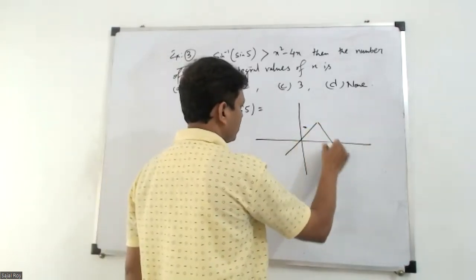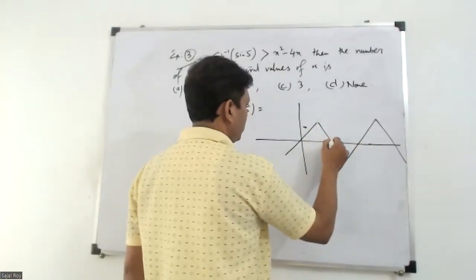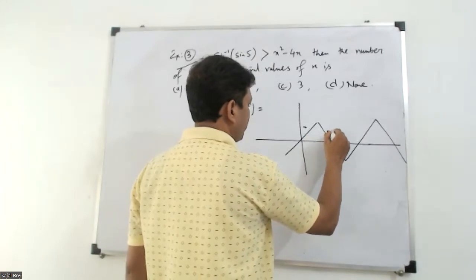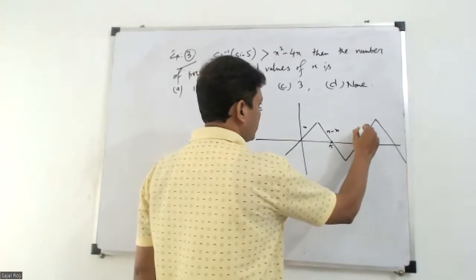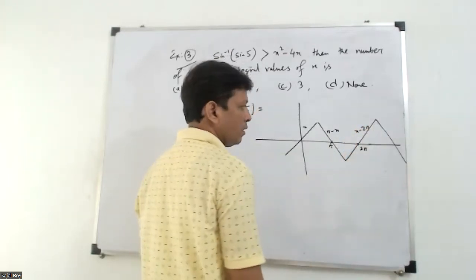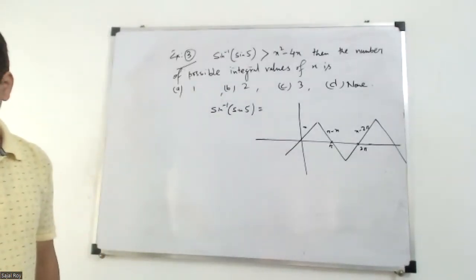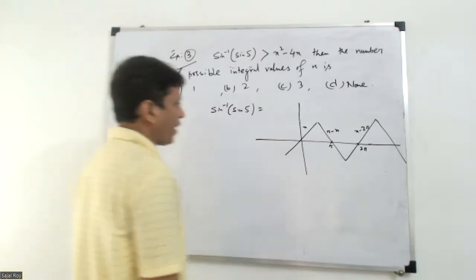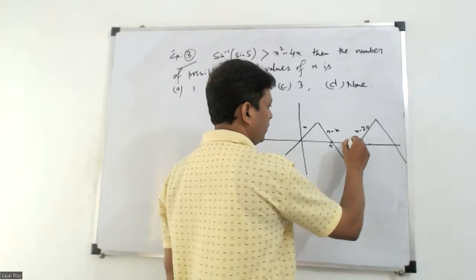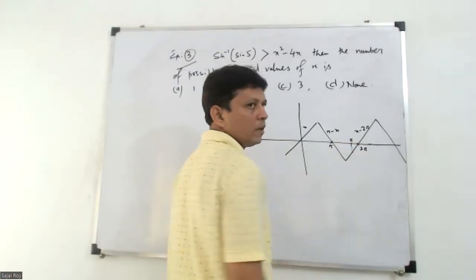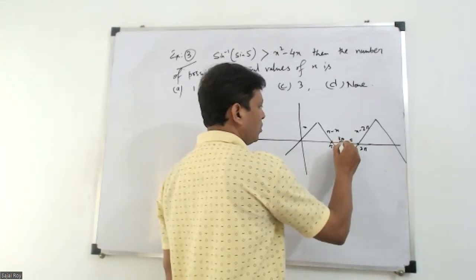Where is 5? Before 2 pi, it's between 3 pi by 2 and 2 pi.